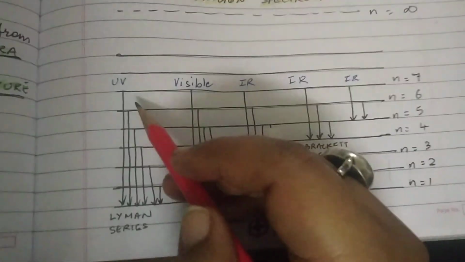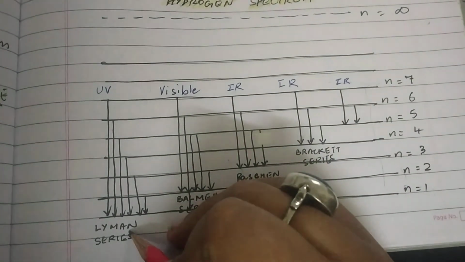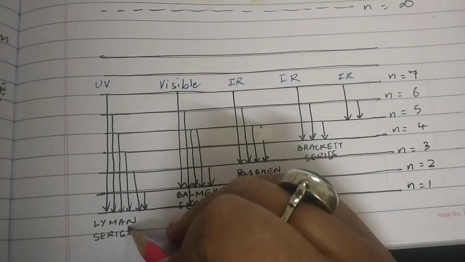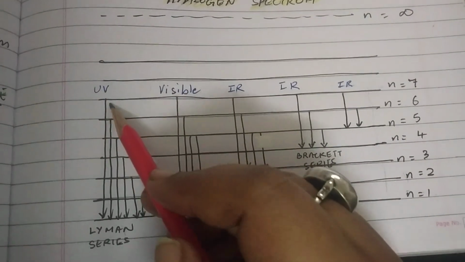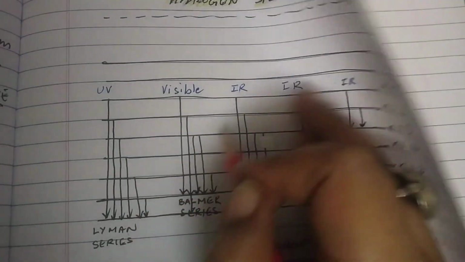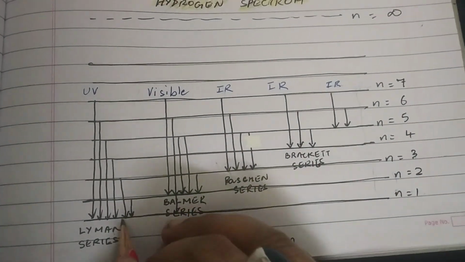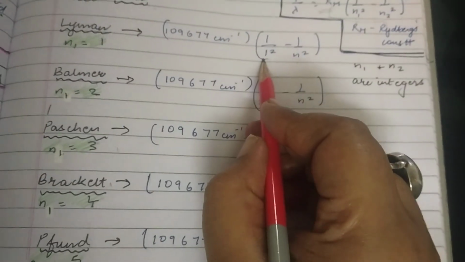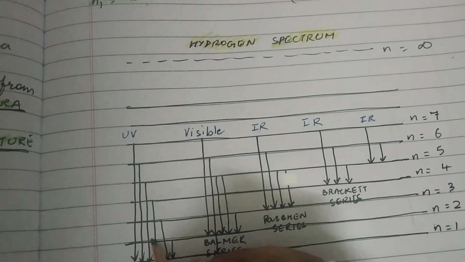So, when Lyman conducted his studies, he observed that when an electron comes to the ground state, that is n equals 1, here you see n1 was 1 and n2 was 2, 3, 4, 5, 6 and so on.